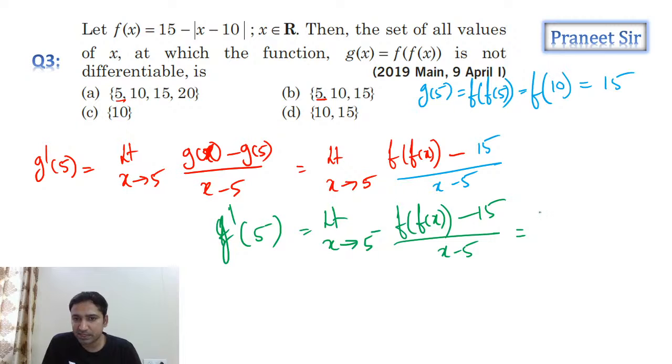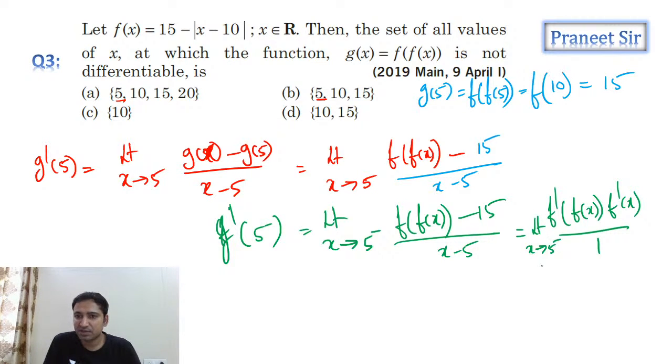If you apply L'Hospital rule here, how much are we getting? F dash f of x into f dash x by 1, limit x tending to 5 minus. So when x is 5 minus, this is f dash f of 5 minus.